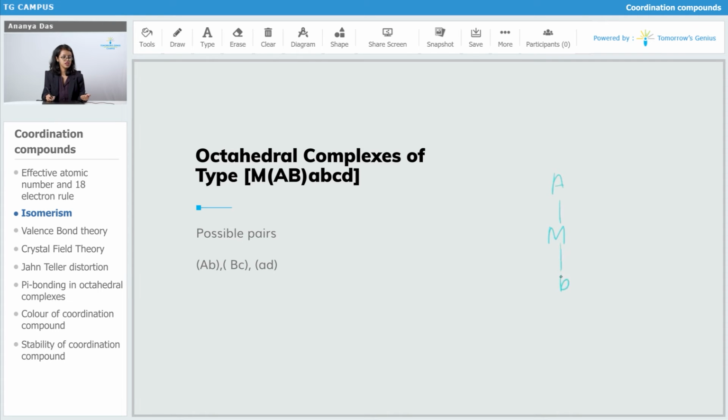So this is the 8th one. A is trans to B, B is trans to C, A is trans to D. So this is also optically active. Now A is trans to B, B is trans to D, A is trans to C. Optically active again.